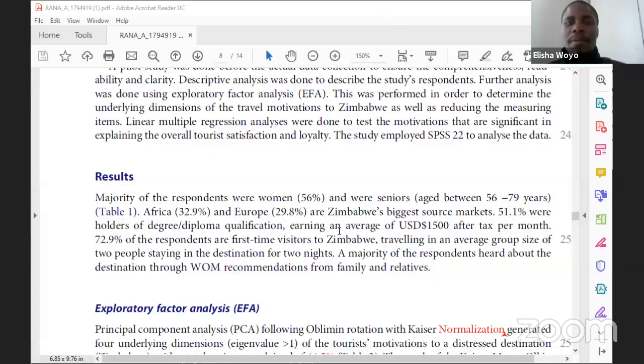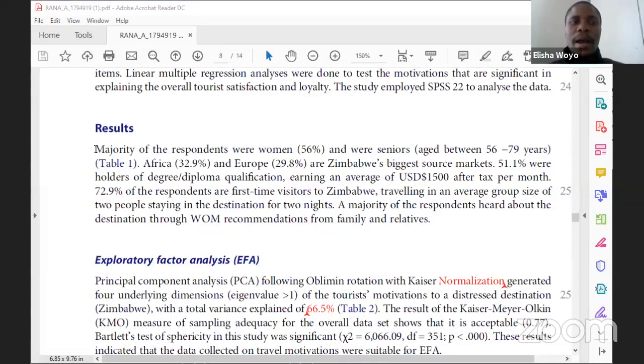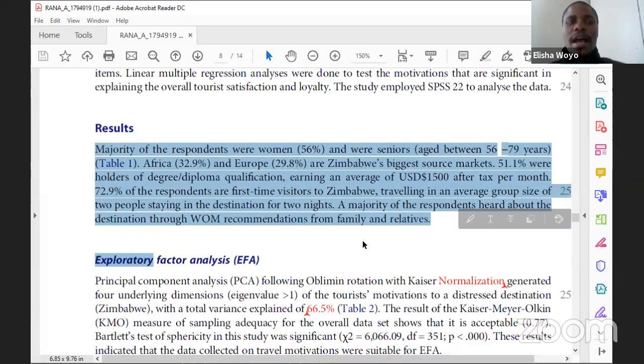In this study, I am reporting the sample in this kind of paragraph, where I am saying that the majority of respondents were women, that is 56%, and were seniors, that is I'm talking about their age. In all this, I am describing the sample of my study.